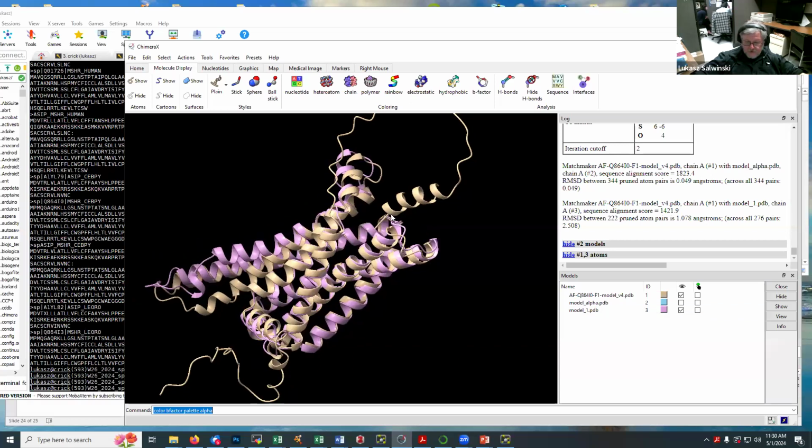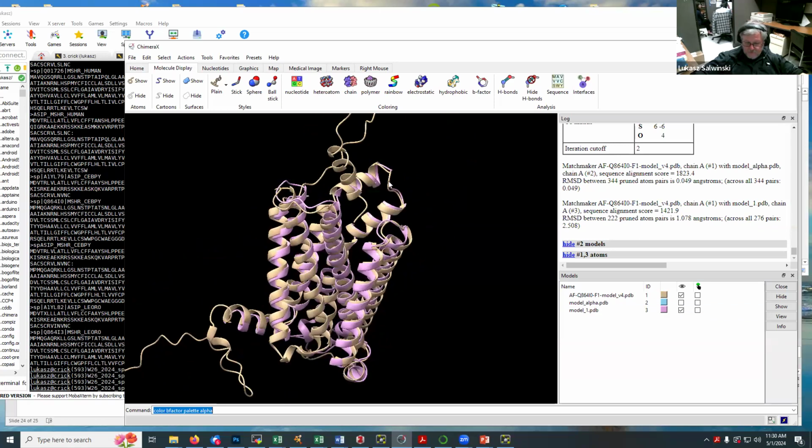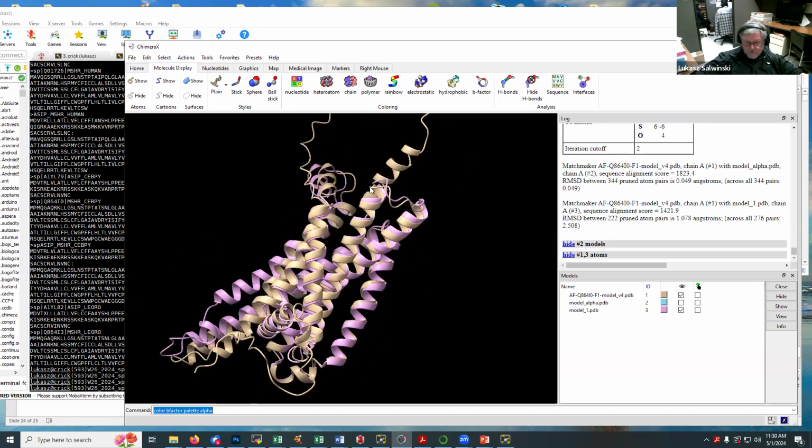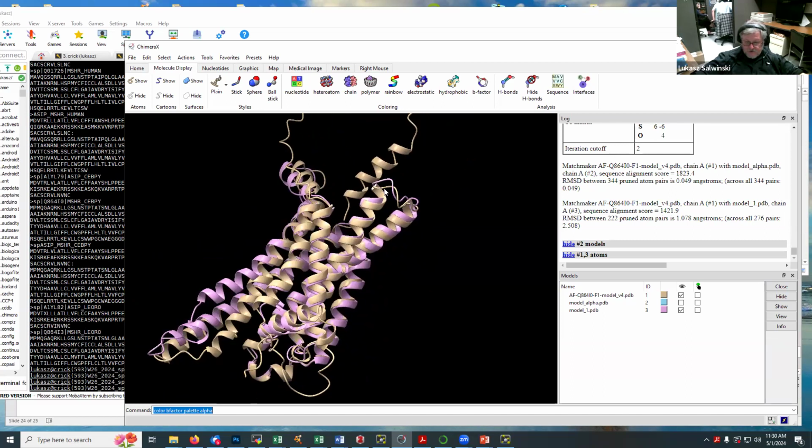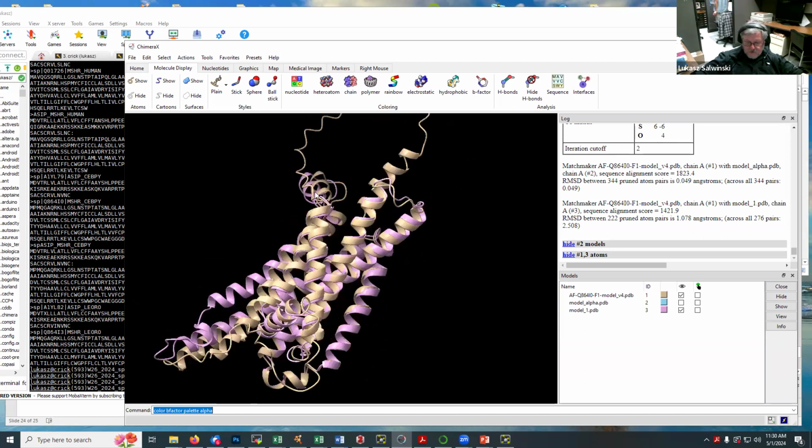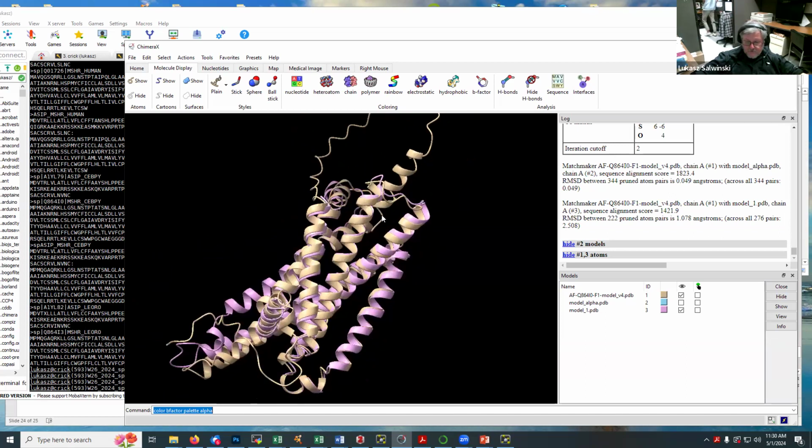This is clearly because the template didn't have full coverage of our sequence, so we're missing those regions at the ends from the prediction.